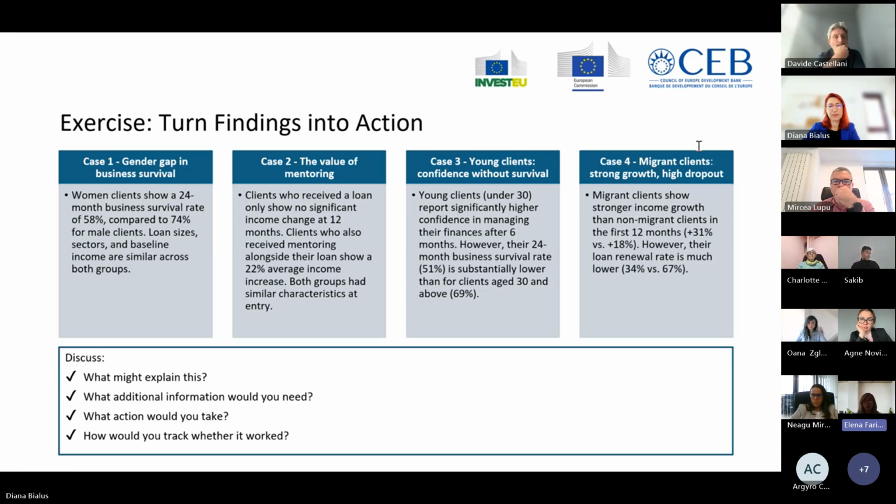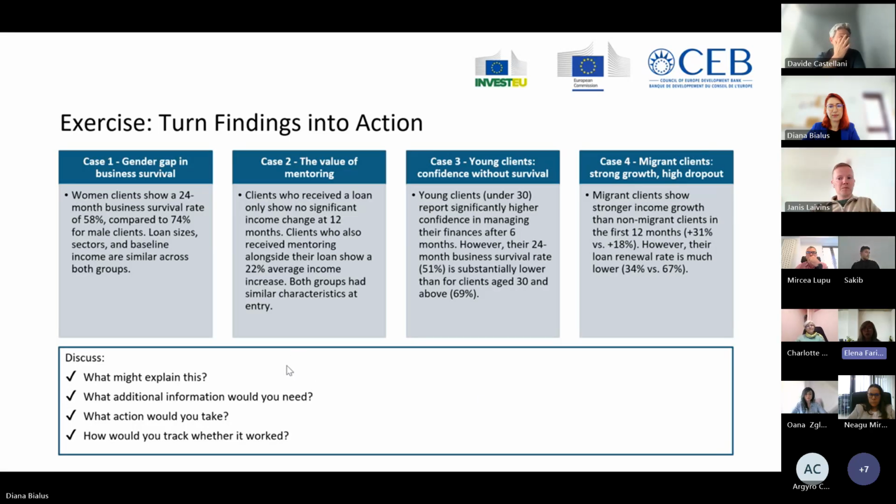It depends. And of course, how to track whether our action actually benefits them: maybe a survey or interview again, to see how they are doing financially and if their business is alive. Monitoring is needed. Thank you very much.